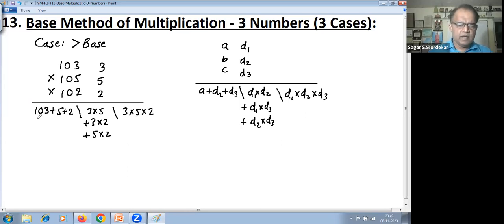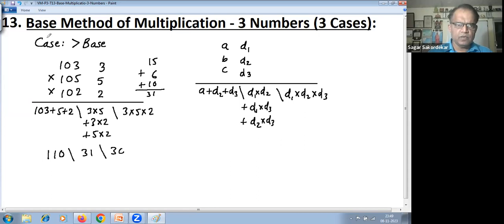So let's simplify. 103 plus 5 is 108, plus 2 is 110. So the left hand side is 110. Then 3 into 5 is 15, plus 3 into 2 is 6, plus 10. So 5 plus 6 is 11, 1 carry 1, this is 31. So the middle is 31, and this is 3 into 5, 15, into 2, 30.